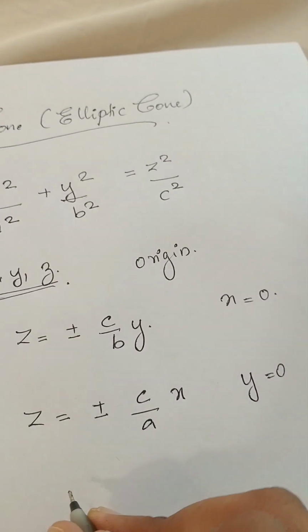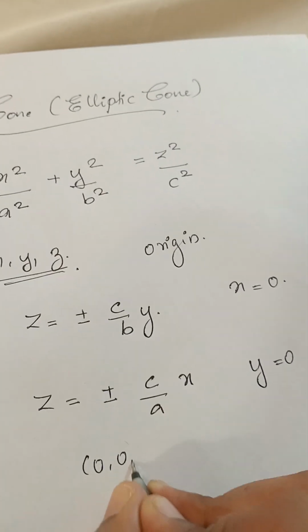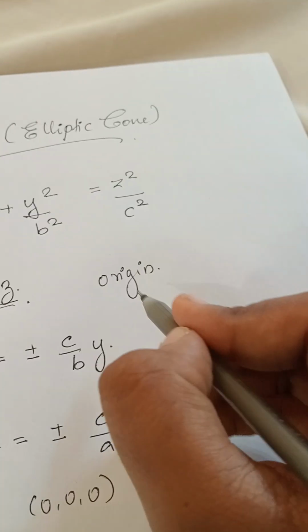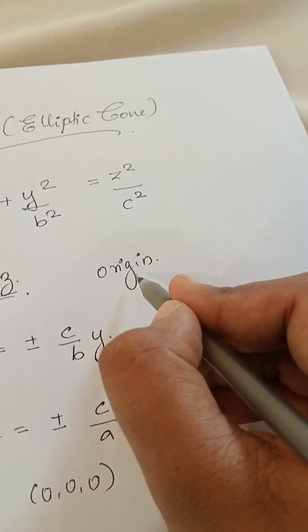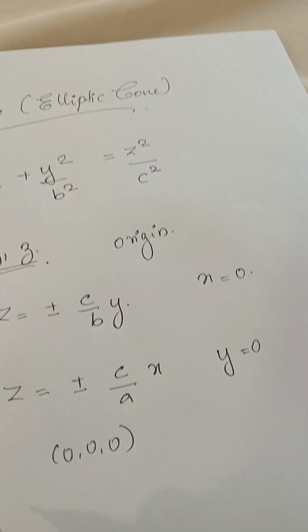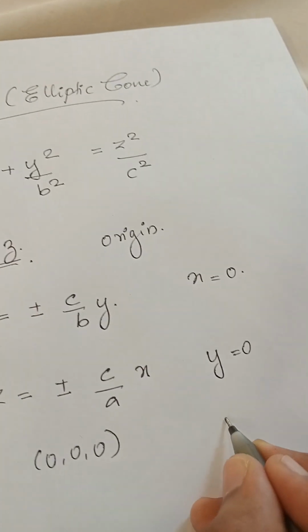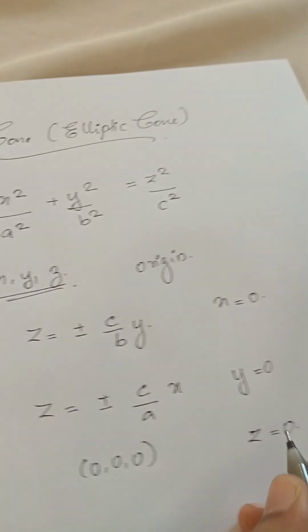Thirdly, we are referring to the point 0 0 0, since we said that the only intercept is with the origin, where z is equal to 0. Now let us consider the cut sections of the plane z is equal to z naught.